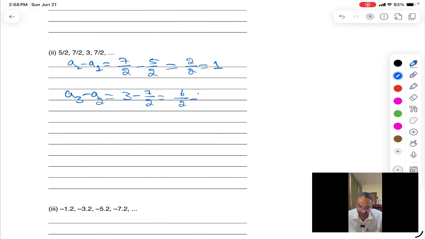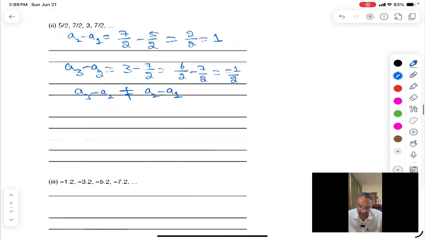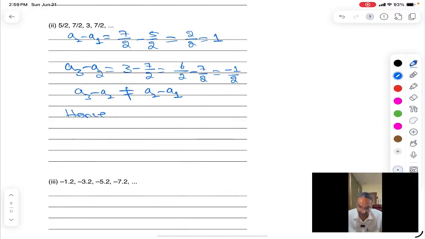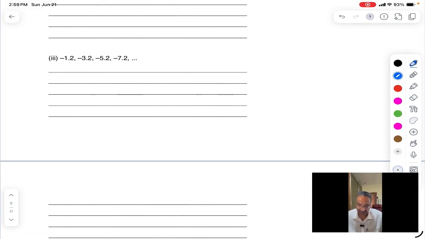Making LCM 2, 6 by 2 minus 7 by 2 is equal to minus 1 by 2. So here again the common difference is different, so a3 minus a2 is not equal to a2 minus a1. Hence, this is not an arithmetic progression.